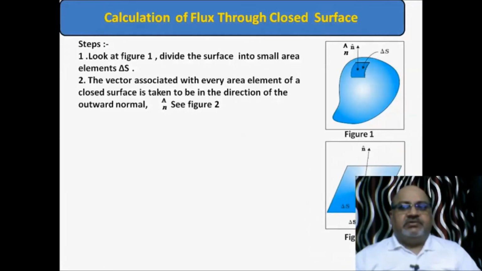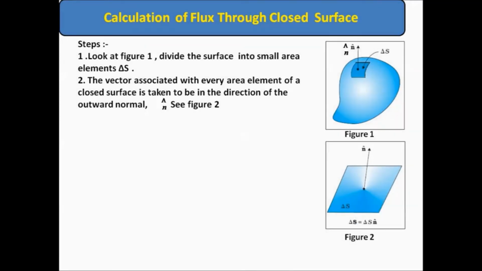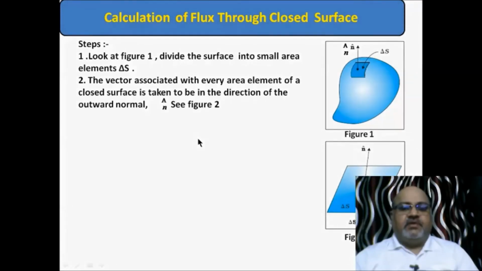Second, now see the second figure. This point is explained in the second figure. This is dS, delta S small area element, n cap is perpendicular outwardly. So what is the delta S vector?